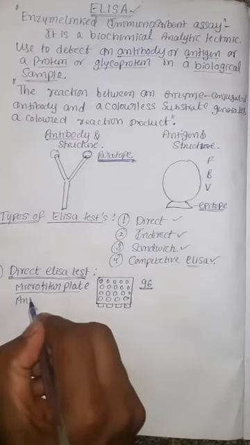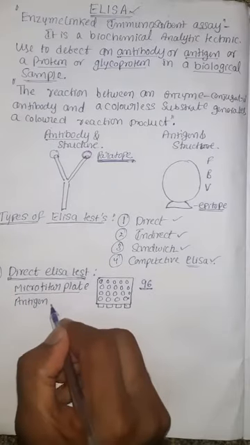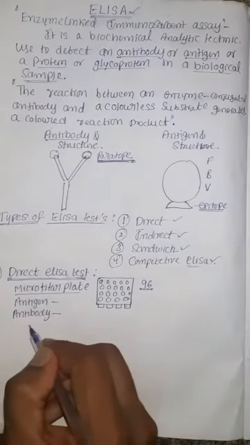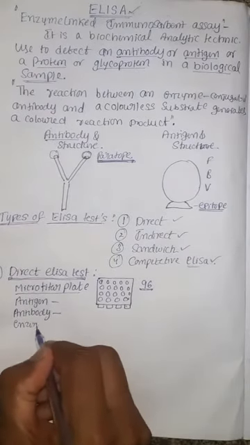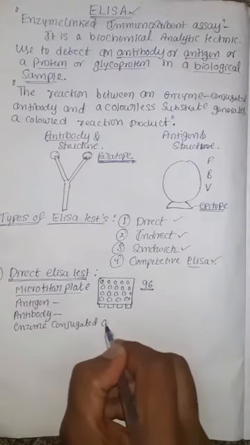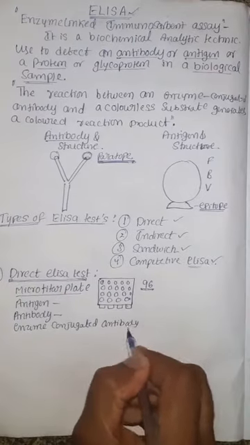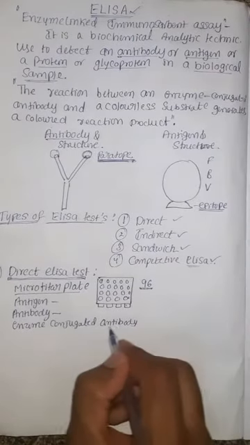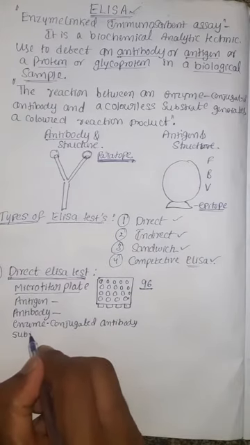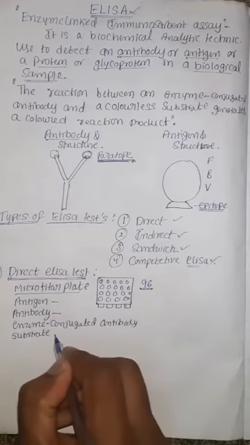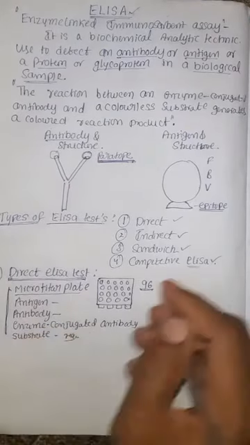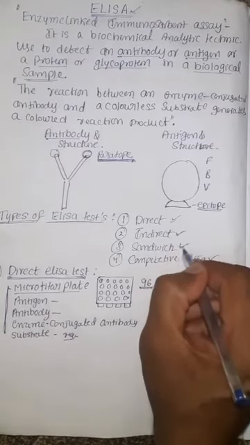The second is an antigen, an antibody is required, and next an enzyme conjugated antibody is also required, and finally a substrate chemical is also required. These are the basic requirements for all these types.